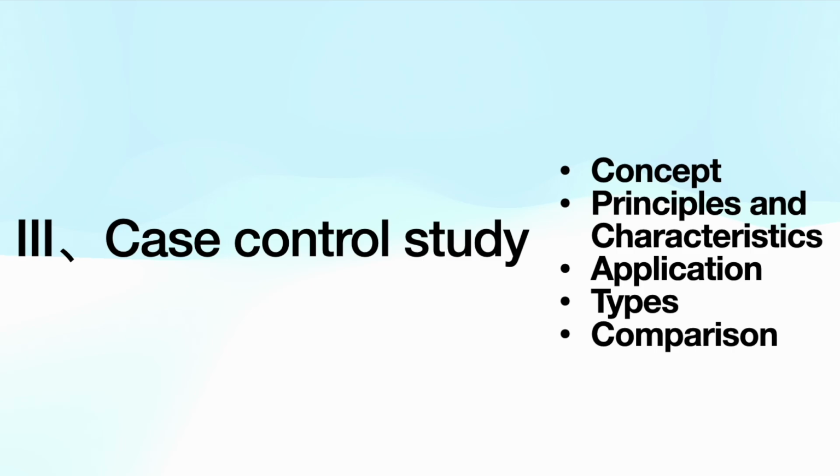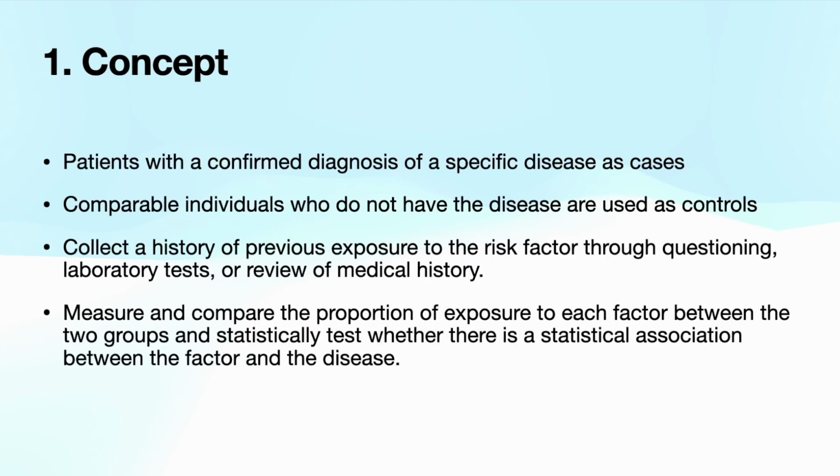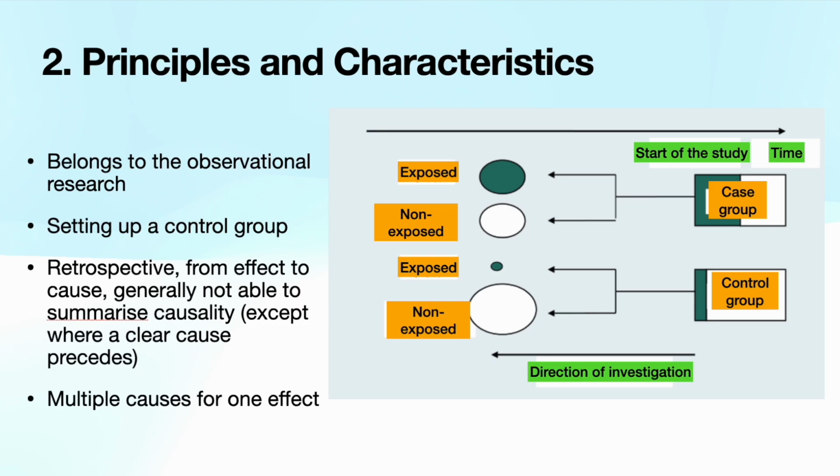The third part is case control study. It belongs to the observational research and sets up a control group. It is retrospective, from effect to cause, generally not able to establish causality, except when a clear cause persists. It has multiple causes for one effect.